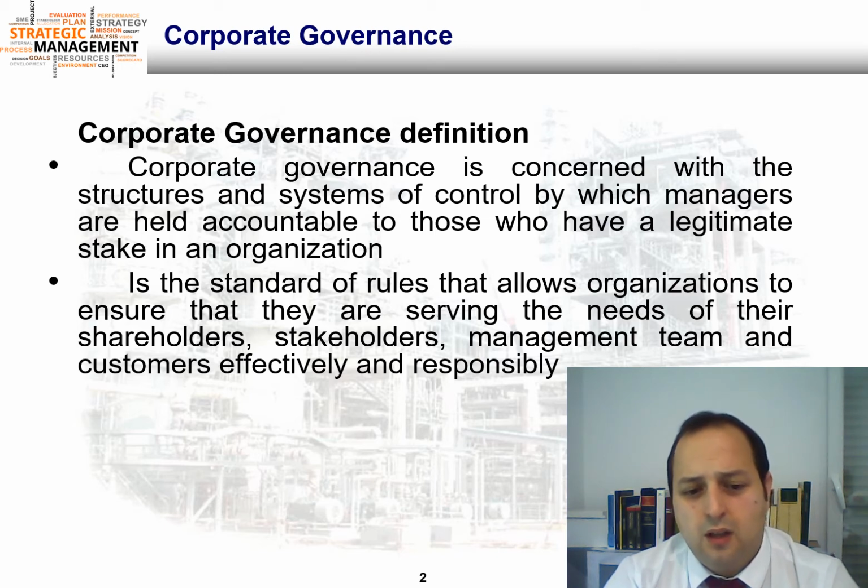First of all, corporate governance is concerned with the structures and systems of control by which managers are held accountable to those who have a legitimate stake in an organization. And finally, corporate governance is the standard of rules that allows organizations to ensure that they are serving the needs of their shareholders, stakeholders, management team, and customers effectively and responsibly.